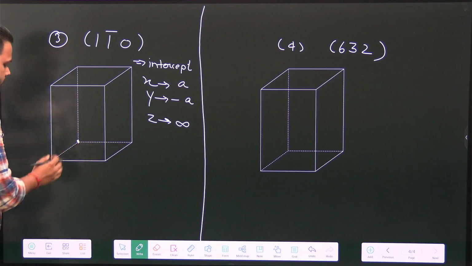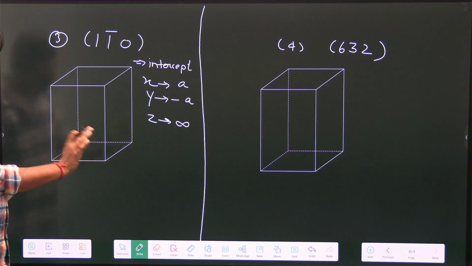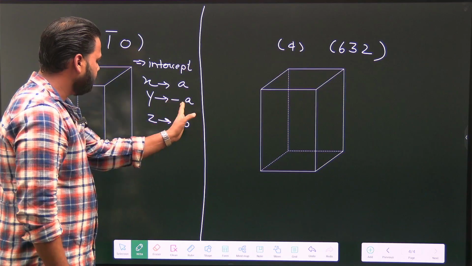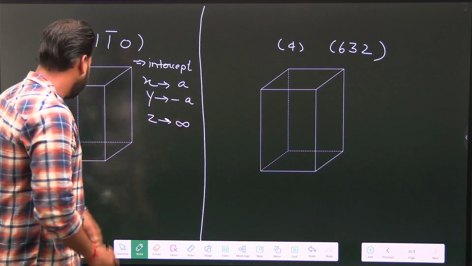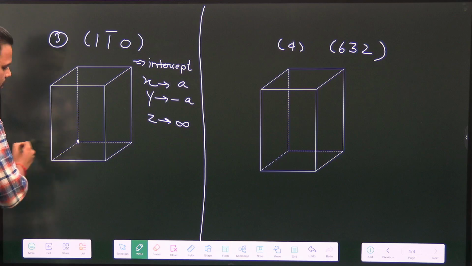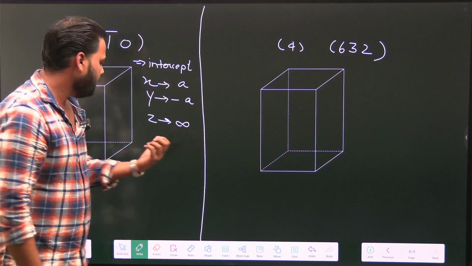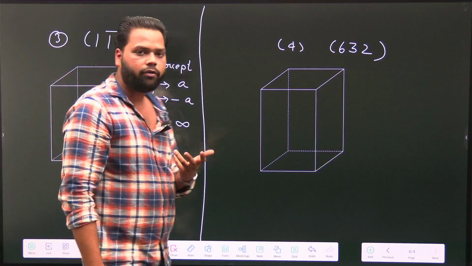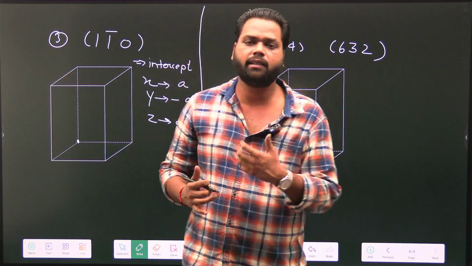We can move through the distance a, it is quite obvious. But are we able to move the distance minus a? No, minus a पे आप कैसे move कर सकते हो? So basically we have to make a way for ourselves.